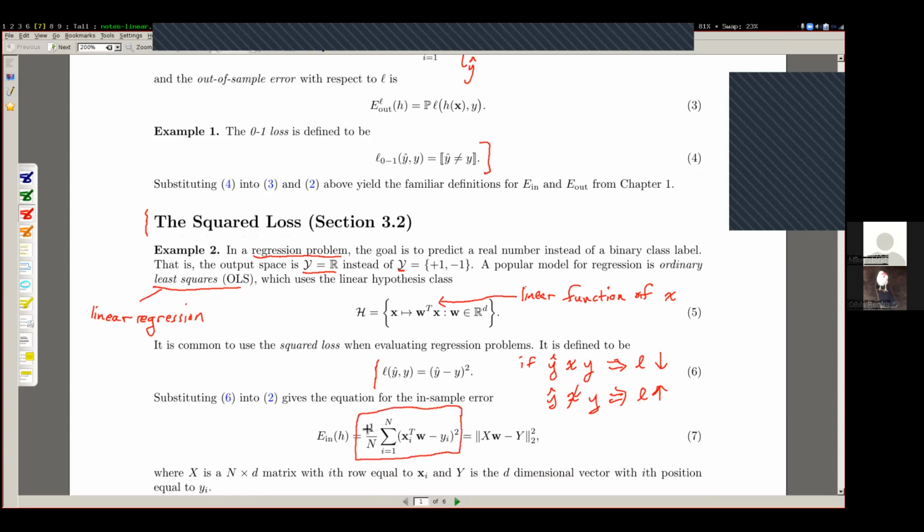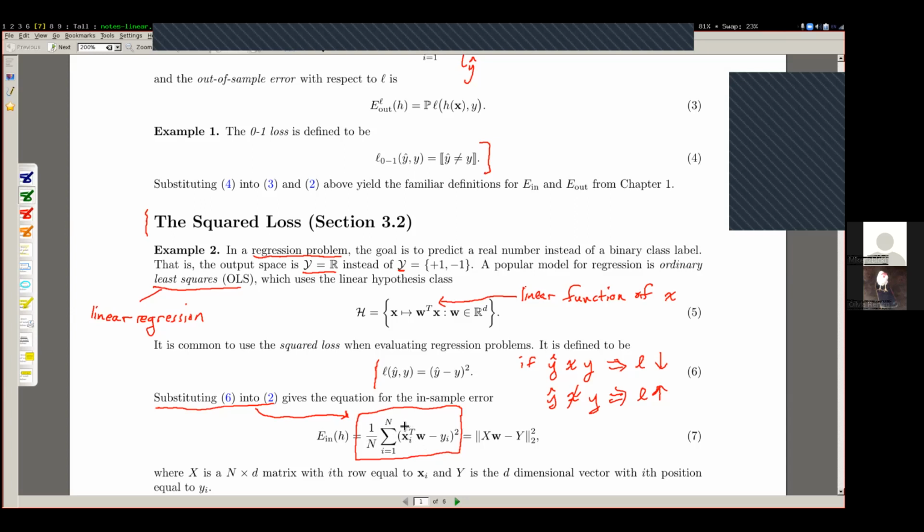Everything to the right of this first equals sign is the result of substituting equation 6 into equation 2. You see the summation, all that stuff is the same.